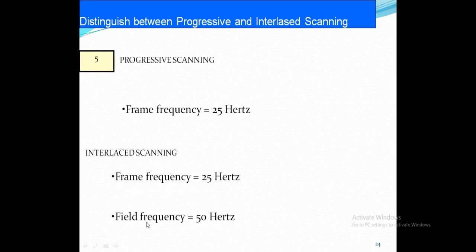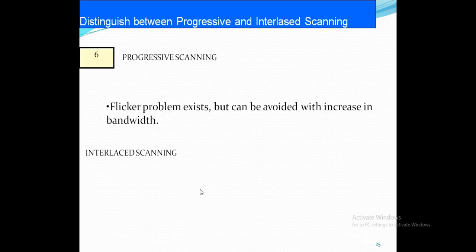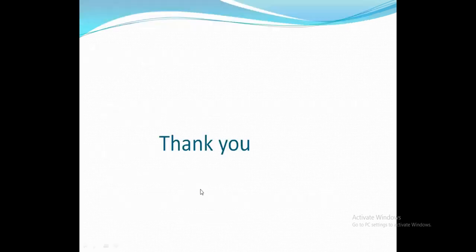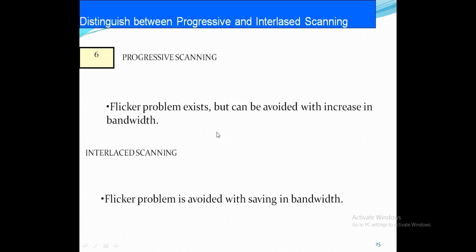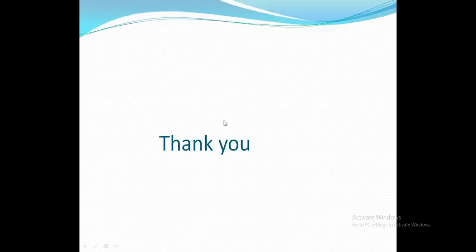Coming to interlaced, the field frequency is 50 Hz, that is 2 times the frame frequency. Next, in progressive scanning, the flicker problem will exist but can be avoided by increasing the bandwidth. But here the flicker problem will be avoided while saving the bandwidth.